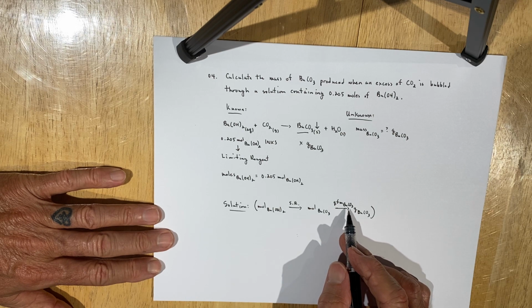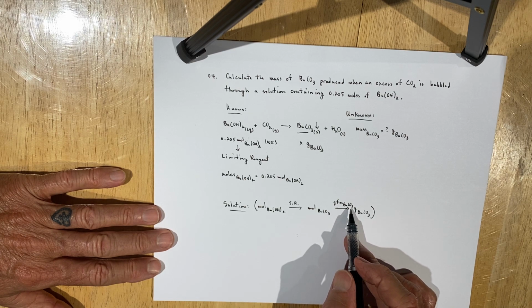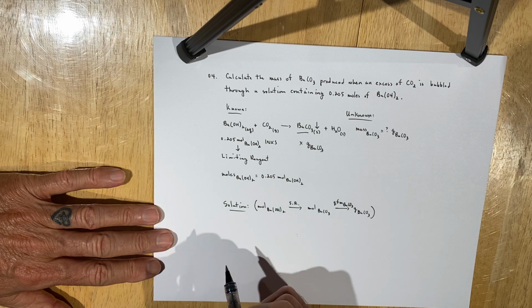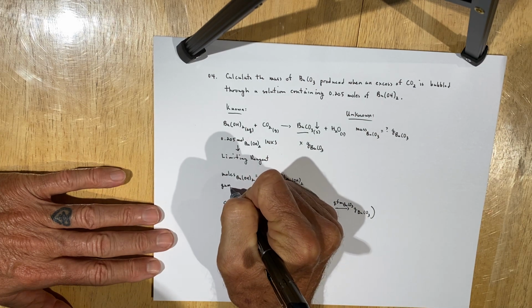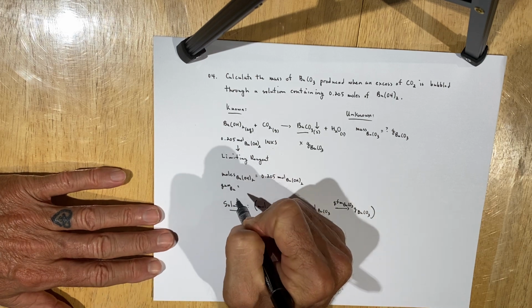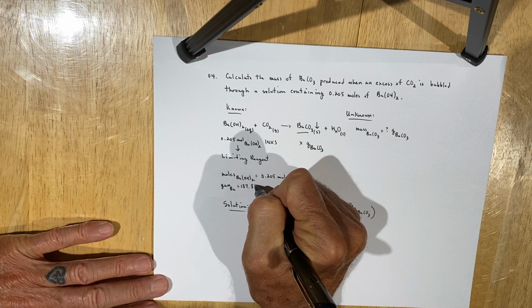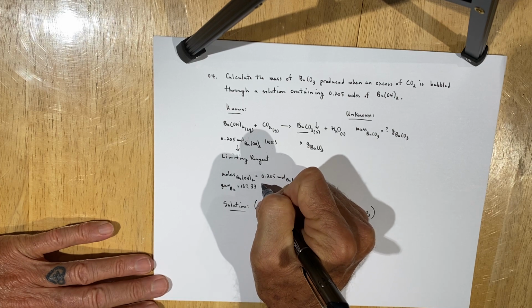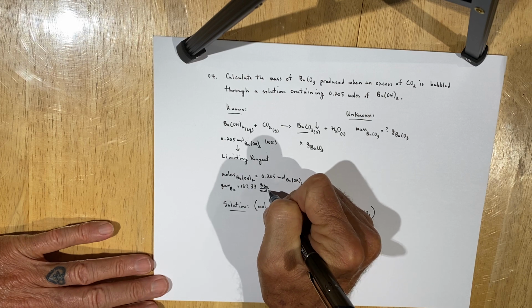But that means you need to know the gram formula mass of barium carbonate. To do that, you need to know the gram atomic masses of barium, of carbon, and of oxygen. So if you look those up on your periodic table, the gram atomic mass of barium happens to be 137.33 grams of barium per mole of barium.